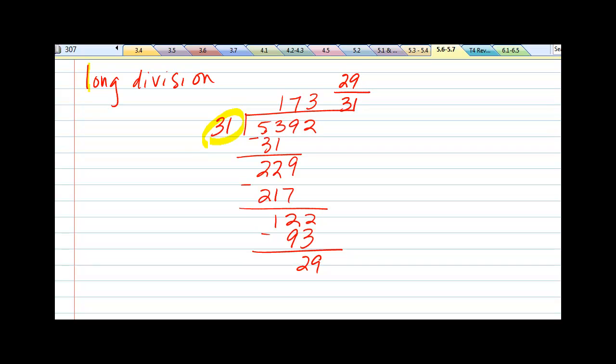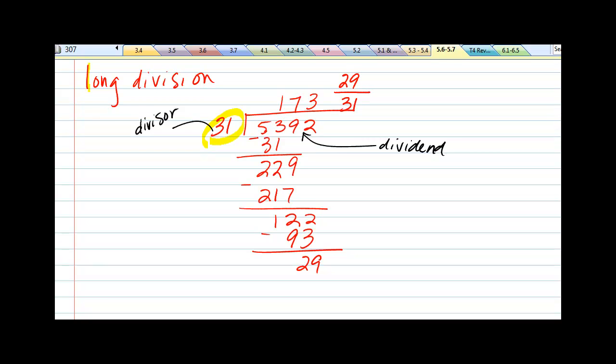So let me back up and say that this 31 is called the divisor, and the number under the house, this number we're dividing into, is called the dividend. And we might need to know those terms as we progress further.